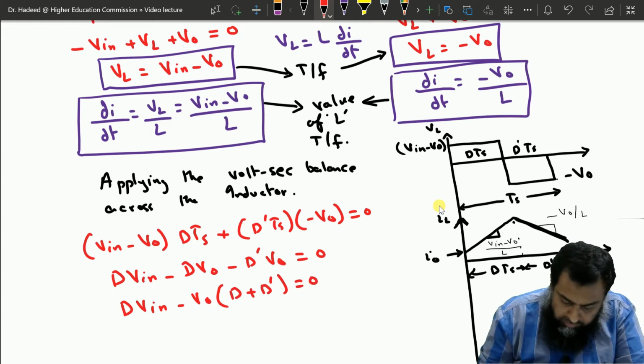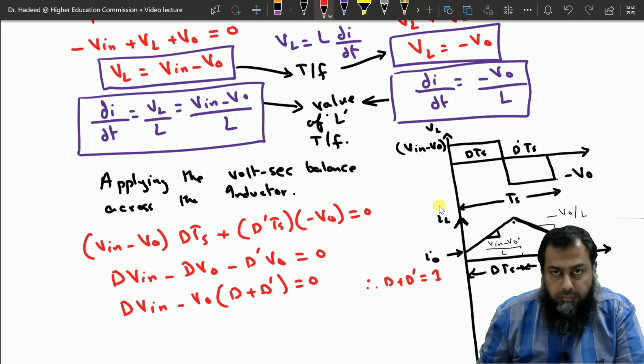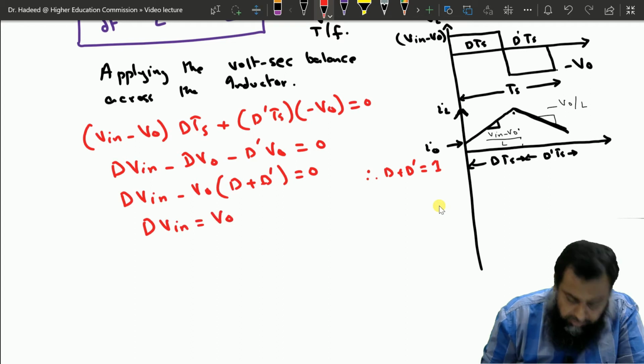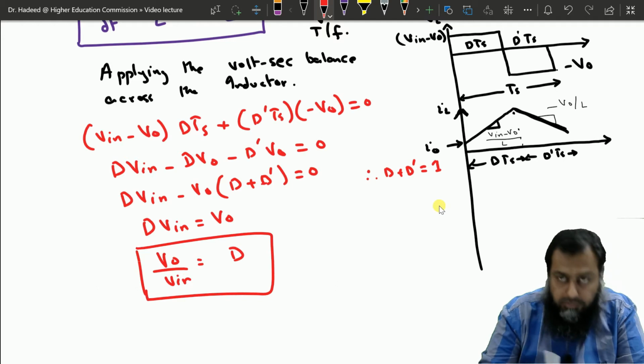And using common sense, d plus d' is equal to 1, right? So dVin is equal to Vo, that is Vo equals dVin, and this is the transfer function of this given circuit.